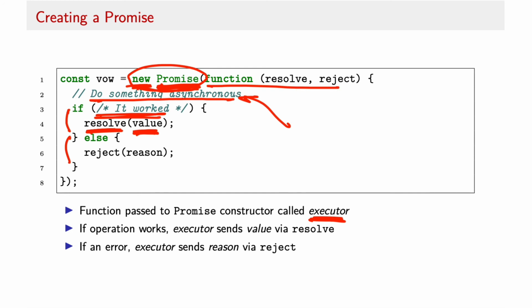When we call that function, when we ask that promise to do something, one of two things is going to happen. If the underlying operation worked, we want to tell the promise that's wrapping us up that everything went well. And we do that by calling the function that the promise constructor gives us, right?